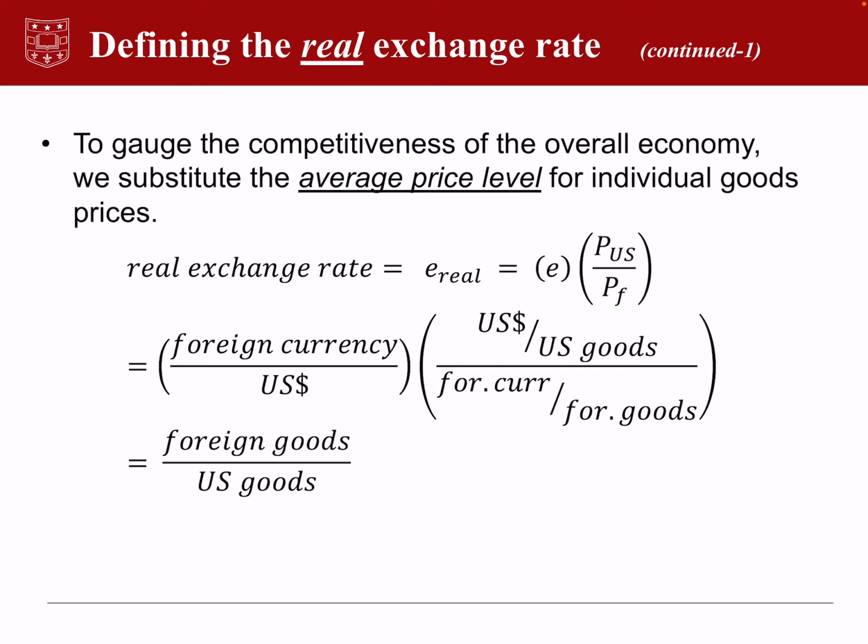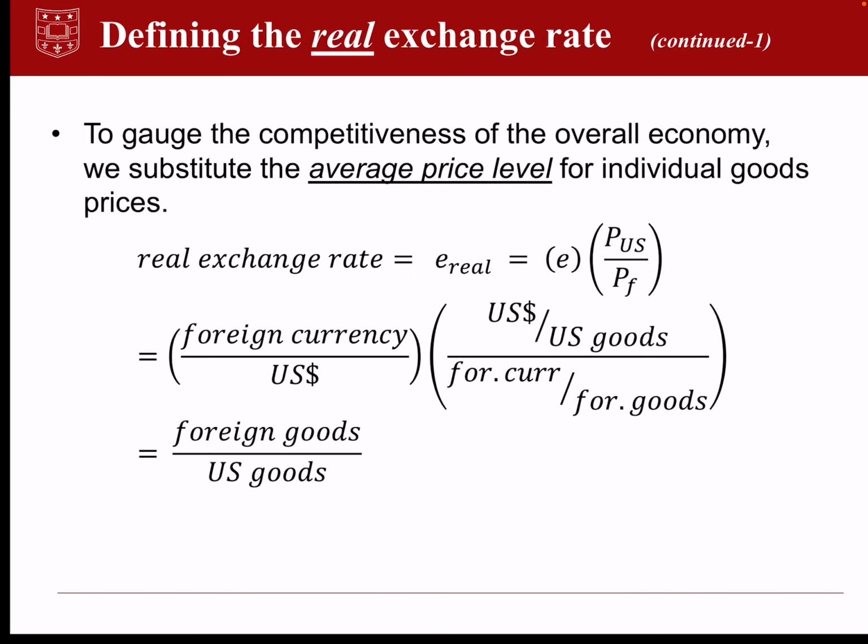So now we go back to our earlier notes. An average price level is like the CPI or the deflator or the personal consumption expenditures price index. So we take one of those measures of an average price level in the United States and in the foreign country, and we substitute that in this equation for the individual goods prices that we had in the real exchange rate.